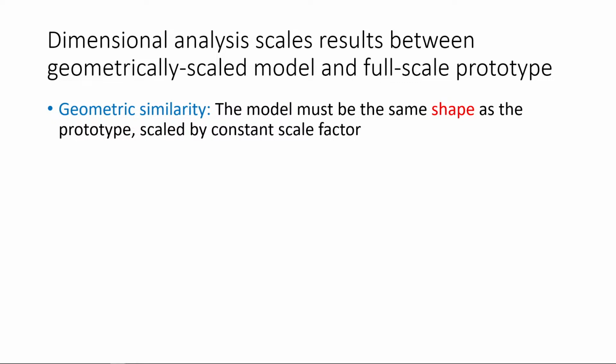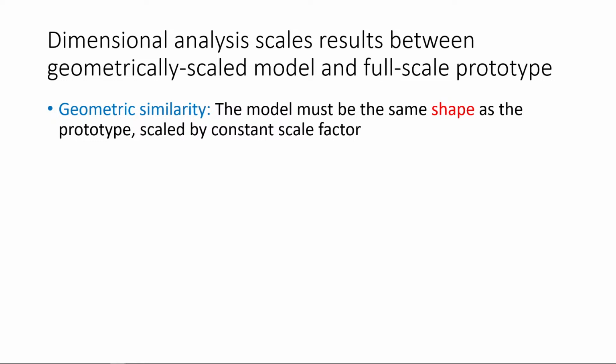First is geometric similarity. The model must be the same shape as the prototype so that you can scale it with a constant scaling factor. If you have the same shape, then you can scale it back to your prototype with a constant scaling factor.